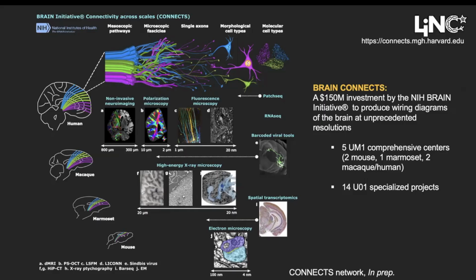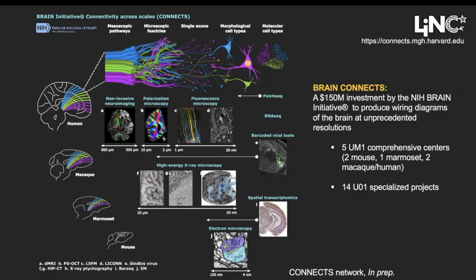This funded 5 UM1 comprehensive centers, 2 in the mouse, 1 in the marmoset, and 2 in the macaque and human, as well as a few smaller UO1 specialized projects.